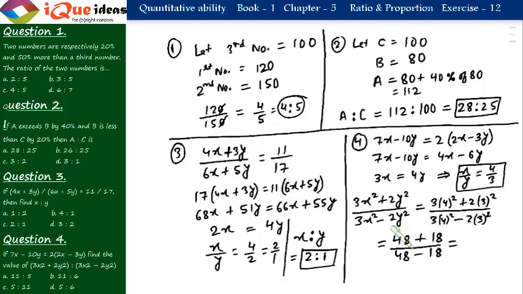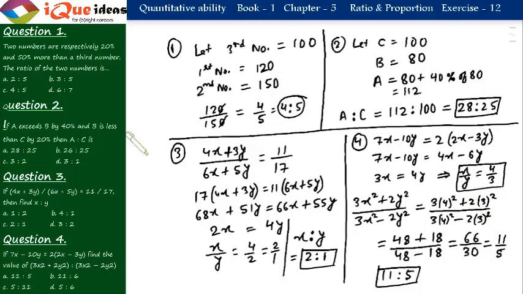So we have 48 plus 18, that is 66, divided by 48 minus 18, that is 30. So it can be cancelled by 6. We will have 11 by 5. So the final answer is 11 is to 5. That is the required ratio. Alright.